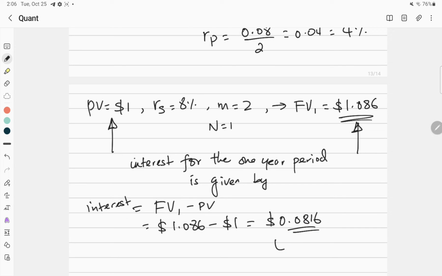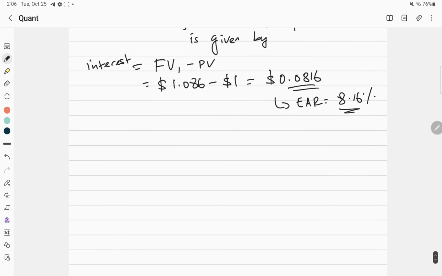Okay, this is what's called the effective annual rate, which is 8.16%. So you can see that while the stated annual interest rate is 8%, the effective annual rate is 8.16%, right?